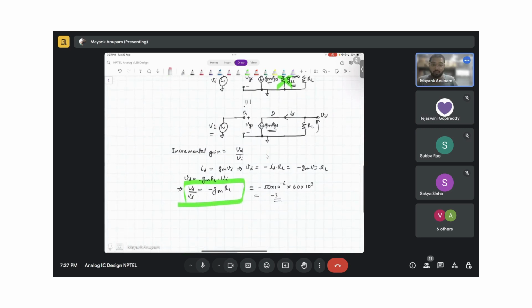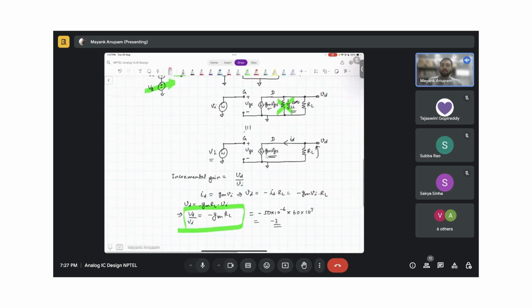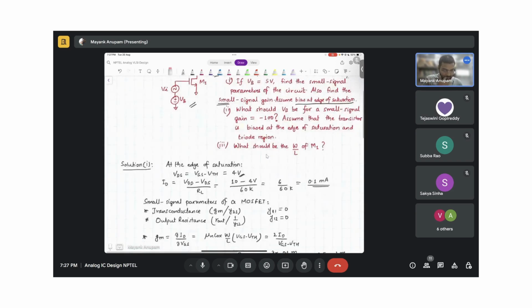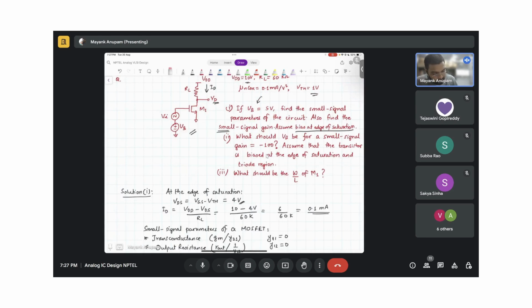We say that the gain is not enough, we want to increase the gain, because that is the point of power gain, right? We want to increase the amplification as much as possible. So let's say I want to get a gain of -100 from the circuit. Now you will be able to appreciate what is meant by minus. Now you are able to understand why the sign is minus here.